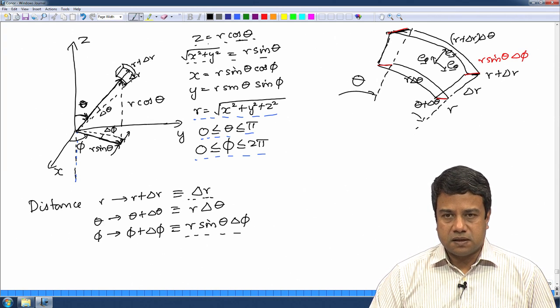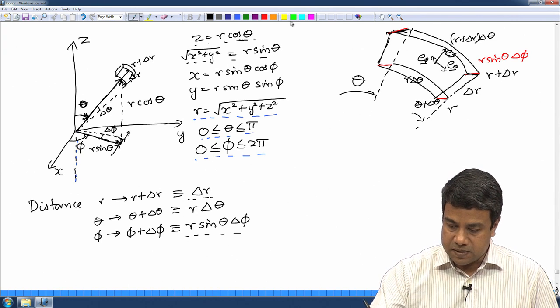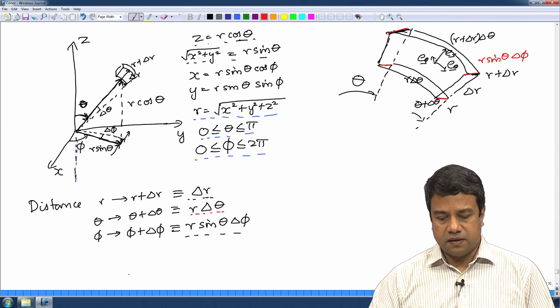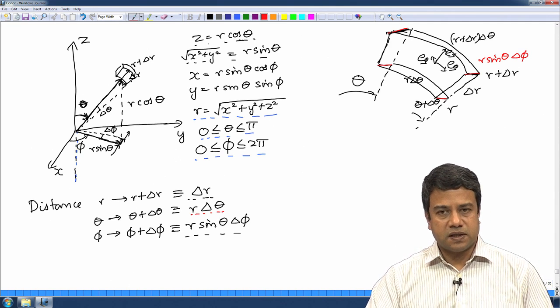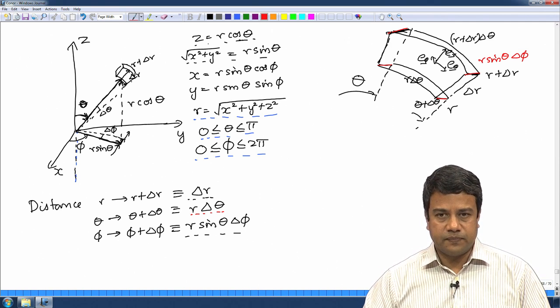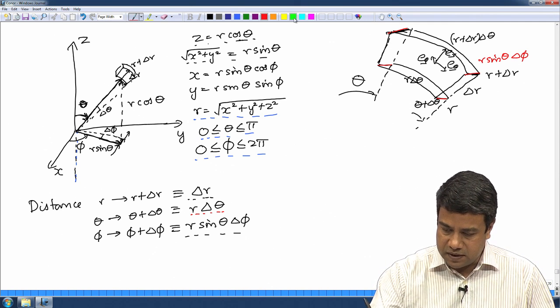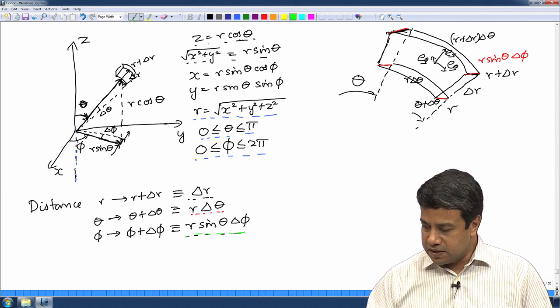In the theta direction, if you increment the angle theta by a small amount delta theta, the actual distance moved is r times delta theta. And in the phi direction, if you increment the angle by a small increment delta phi, the actual distance moved is the radius times delta phi. The radius in this case is r sin theta, of the projection onto the x axis. So, for this case you get r sin theta times delta phi.